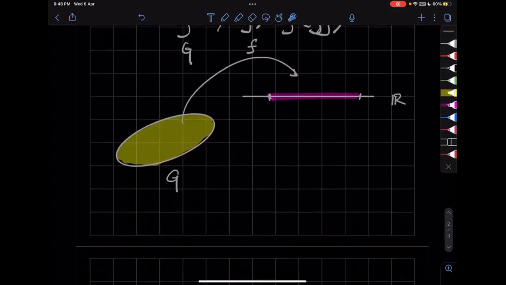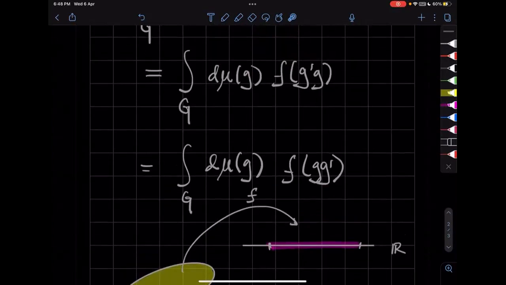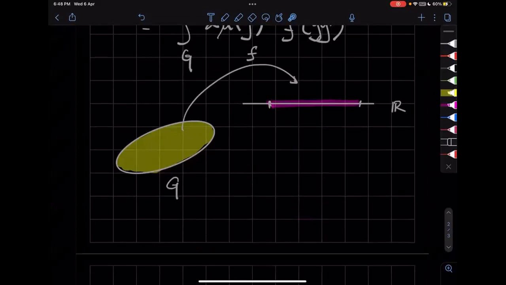Now, if I multiply by, say, G prime, we are just changing the point at which we started the integral. This could have been the initial point, but if we multiply by G prime, our initial point becomes this point.